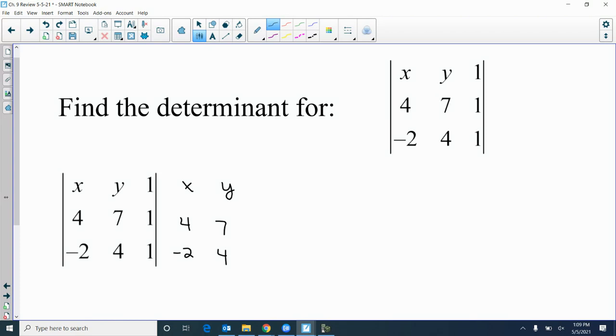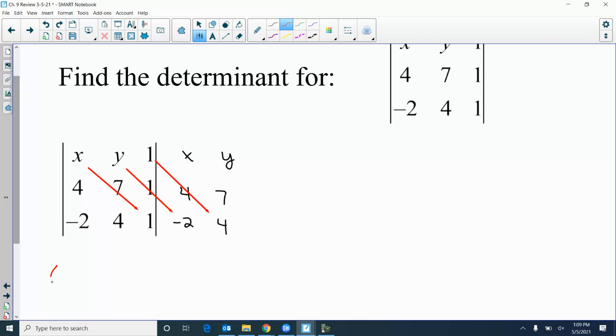And then starting from the top left, you multiply those together, each diagonal, and then add them. So it's 7x plus, well, actually it's going to be -2y, so we'll make it -2y. And then I got plus 16.